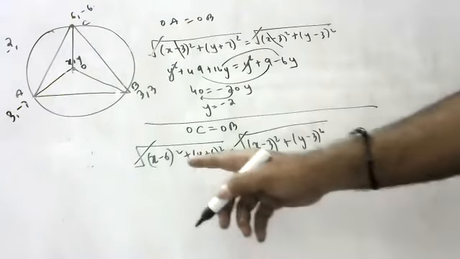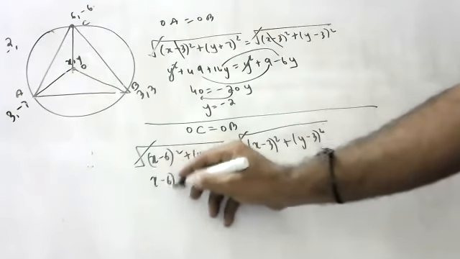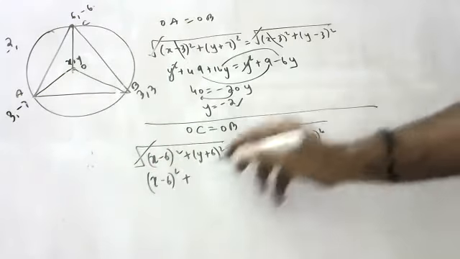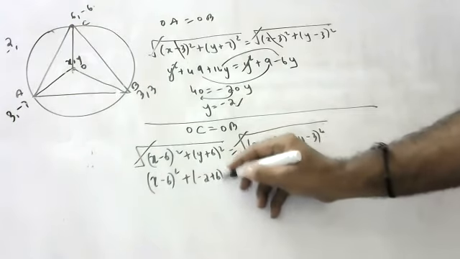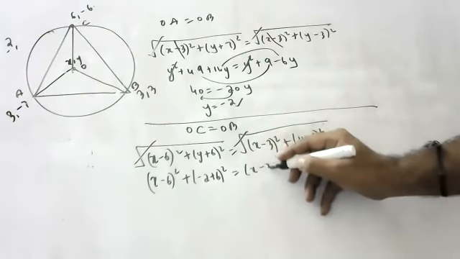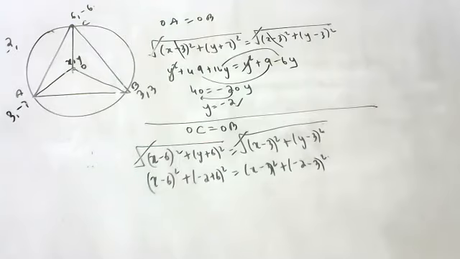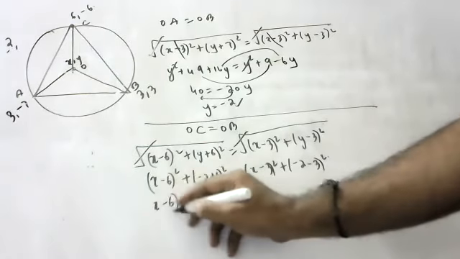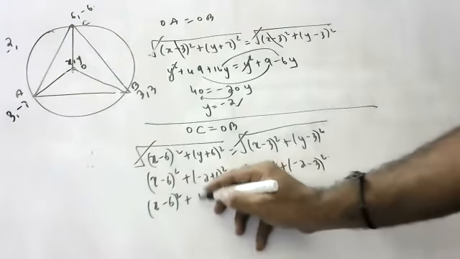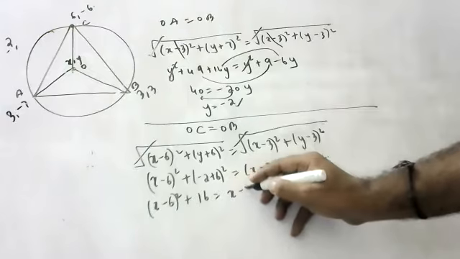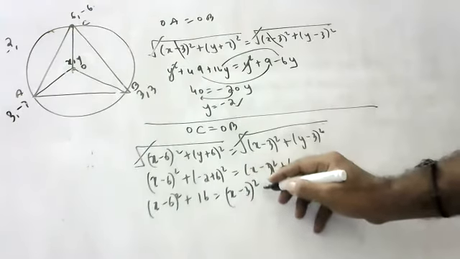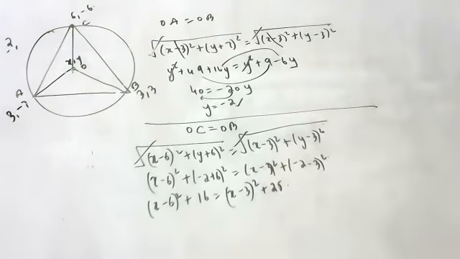Root cancel. x square minus 2 plus 6 whole square is equal to (x minus 3) whole square plus (minus 2 minus 3) whole square. Okay. x square plus 36, 4 square is 16. 16 is equal to (x minus 3) whole square plus 25.